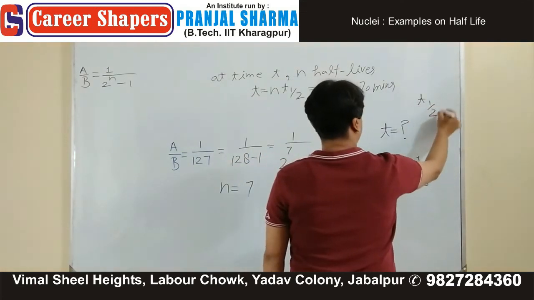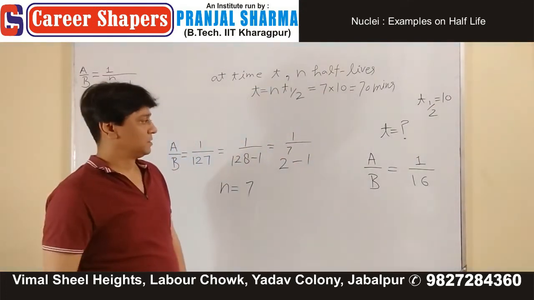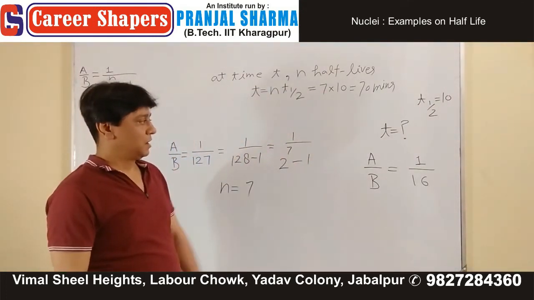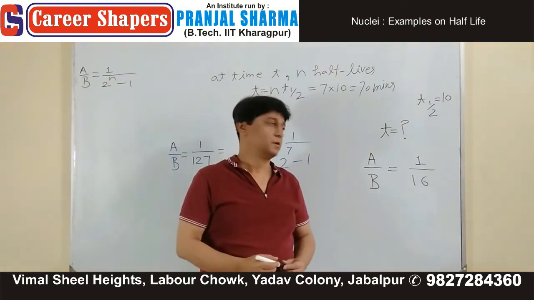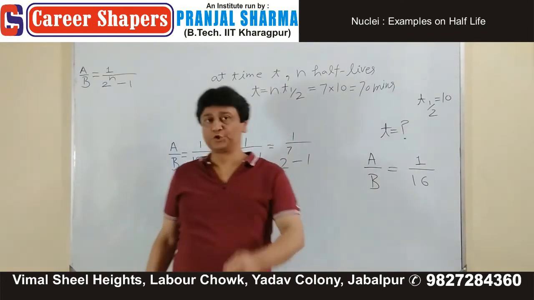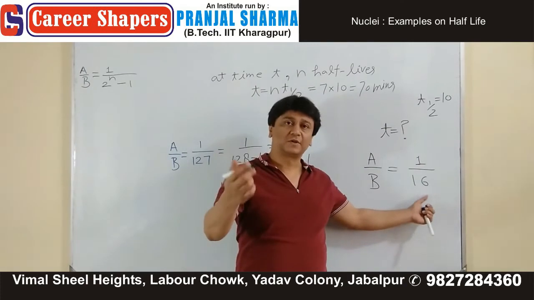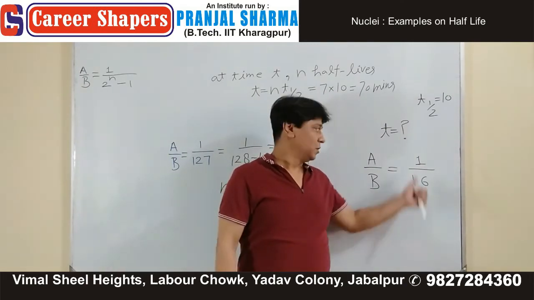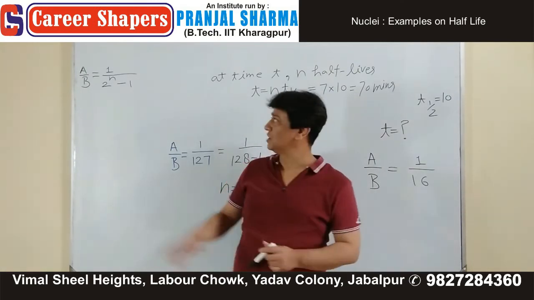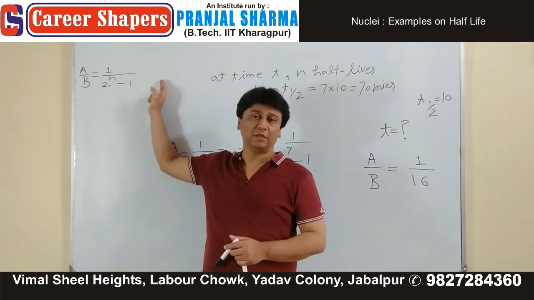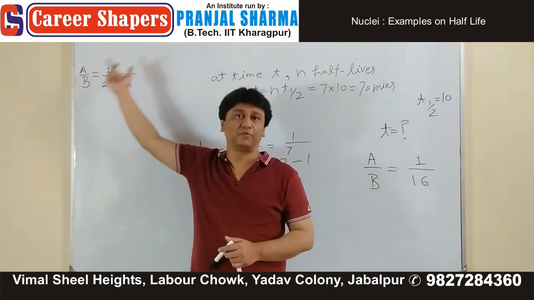Take T half as 10 minutes, same thing. One upon 16. If I had asked you 1 upon 15, then it will just take 5 seconds. 15 is 16 minus 1. 16 is 2 to the power 4.